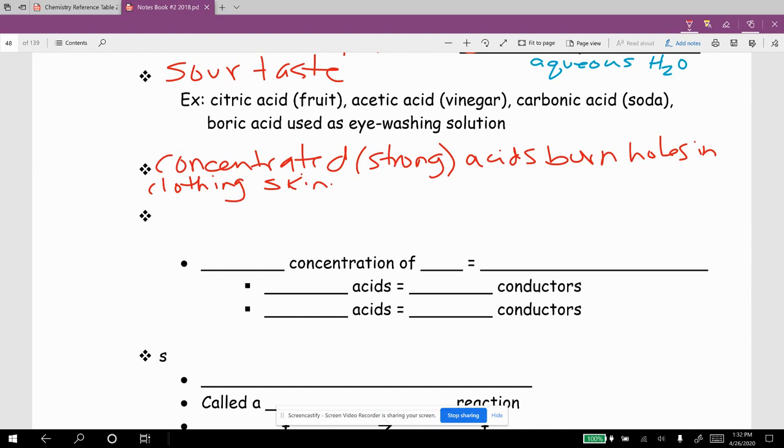Like sulfuric acid in a car battery, that's going to be very, very dangerous and can burn you. But your fruit acid, like a lemon, is not going to burn you, and vinegar is not really going to burn you, or soda. But if you got lemon on a paper cut, it's going to burn, or vinegar in a paper cut or a hangnail, that's going to burn.